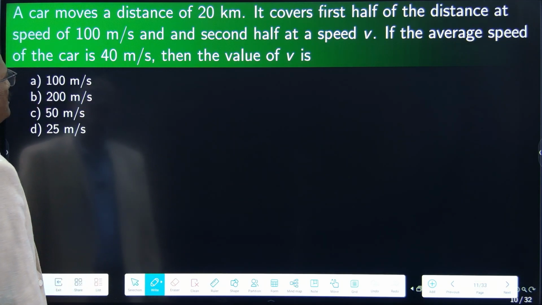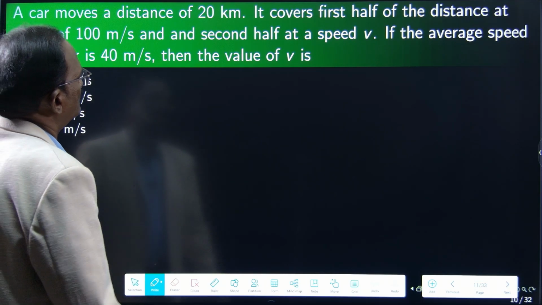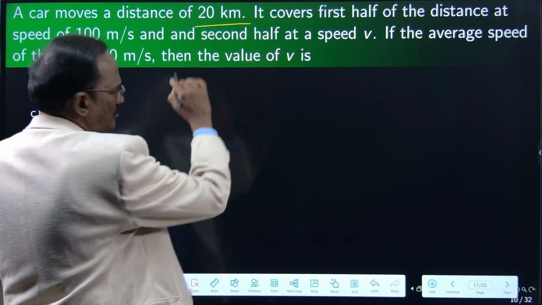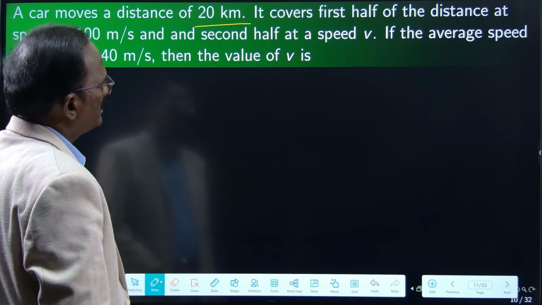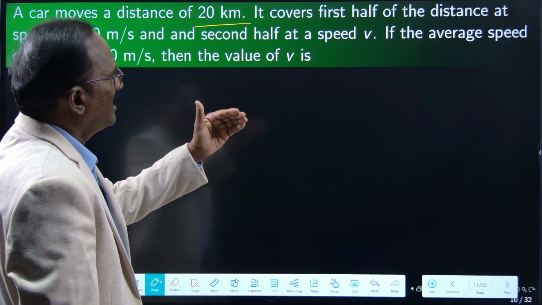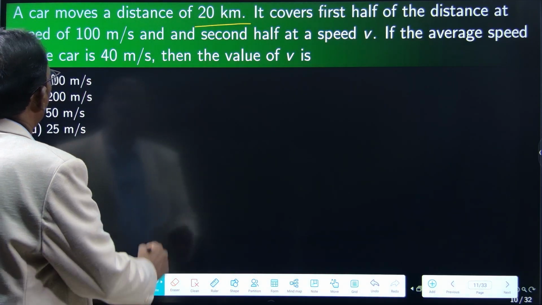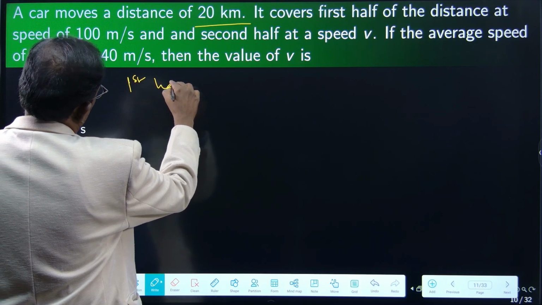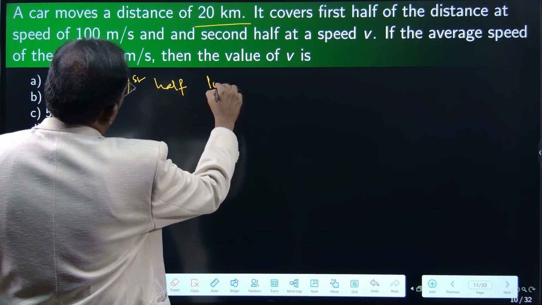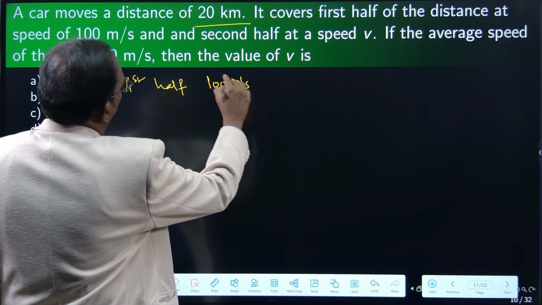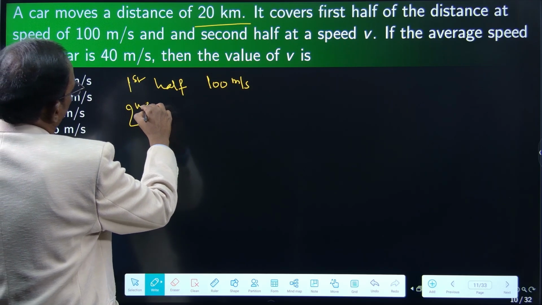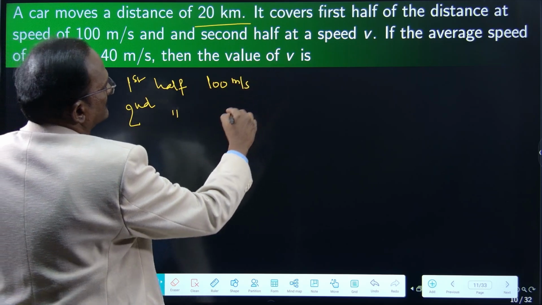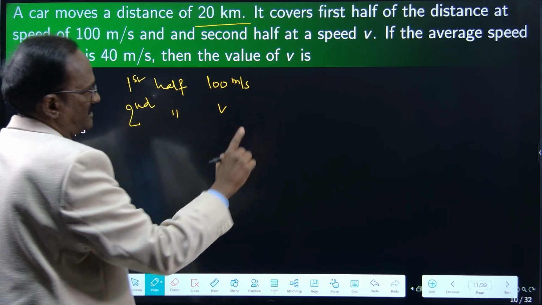Next problem: a car moves a distance of 20 kilometer. So total distance is 20 kilometer. It covers the first half of the distance at a speed of 100 meter per second, the second half with a speed v meter per second.